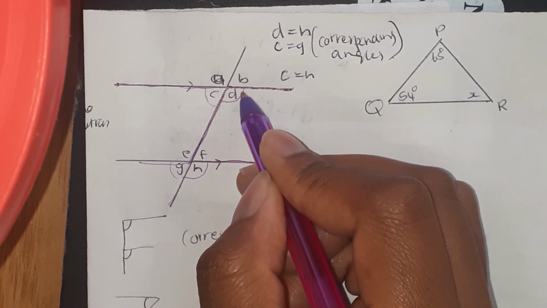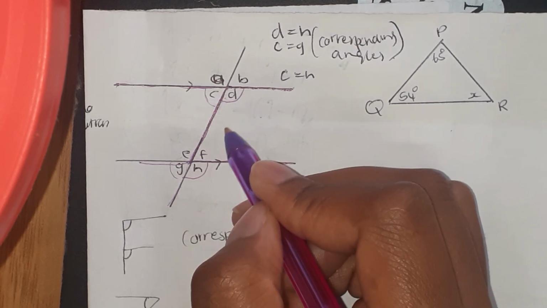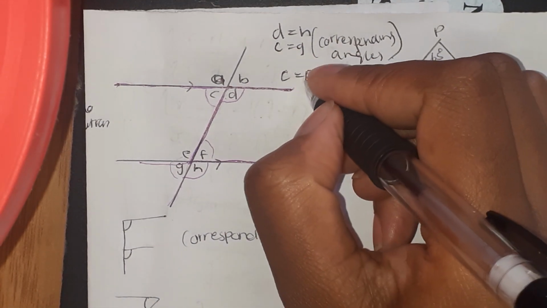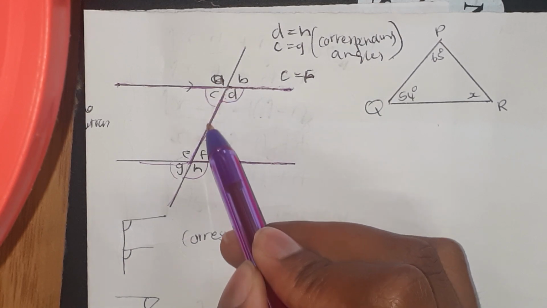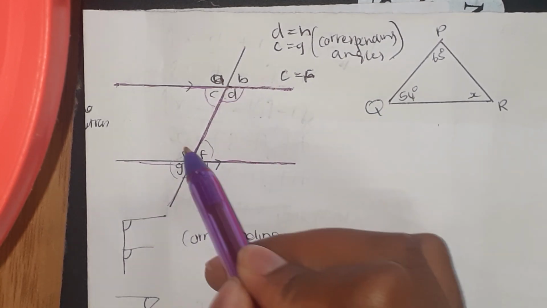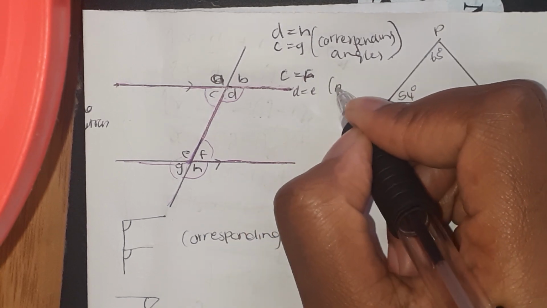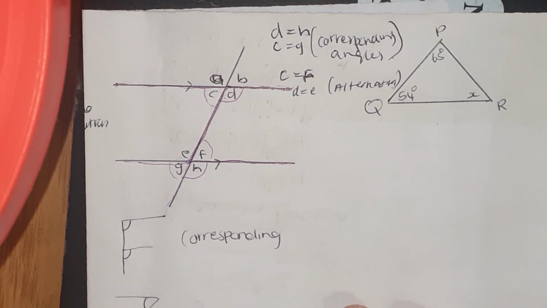So this will go here. Sorry, it's C and F here, not H. So when we go here, it's D and E. D equals E. That's our alternating angles, right?